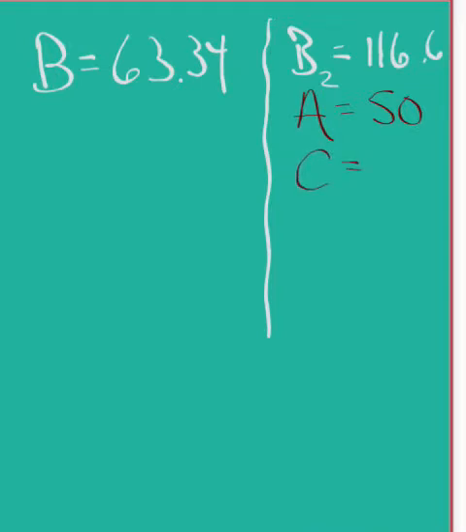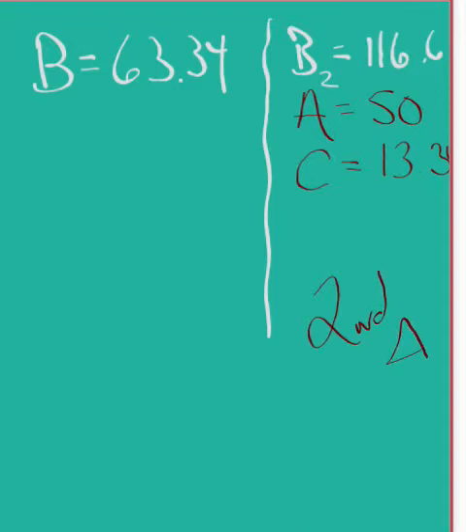Again, the triangle angles should add up to 180. So when I add 116.66 to 50, is there a remaining amount to be a triangle? And in this case, there is, 13.34. Therefore, we have a second triangle.